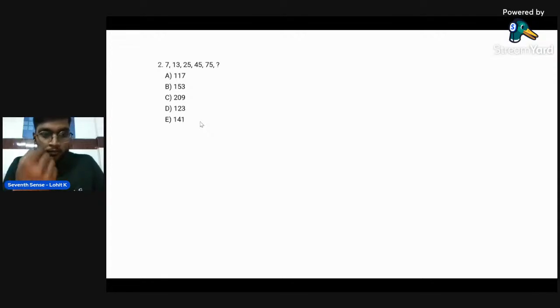Have they used any kind of geometric operations? Like that also you can do. Congrats, what could be the answer for this?